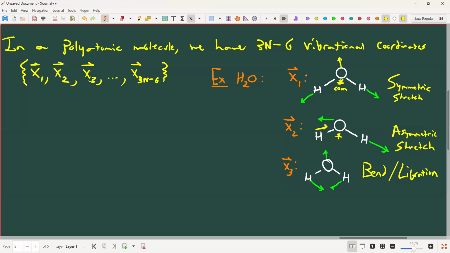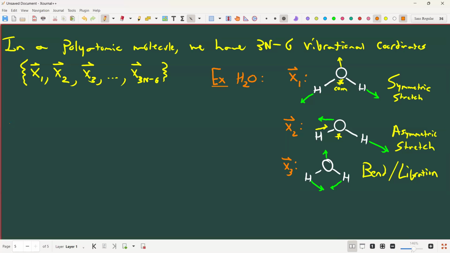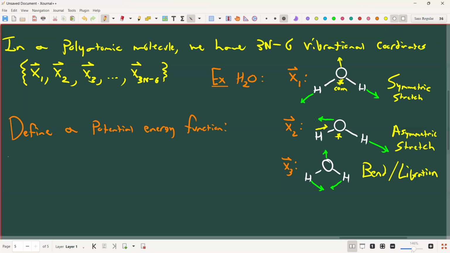The potential energy of the molecule changes as I move along x1, x2, or x3. So we can define a potential energy function, V, which is a function of all the collective coordinates.